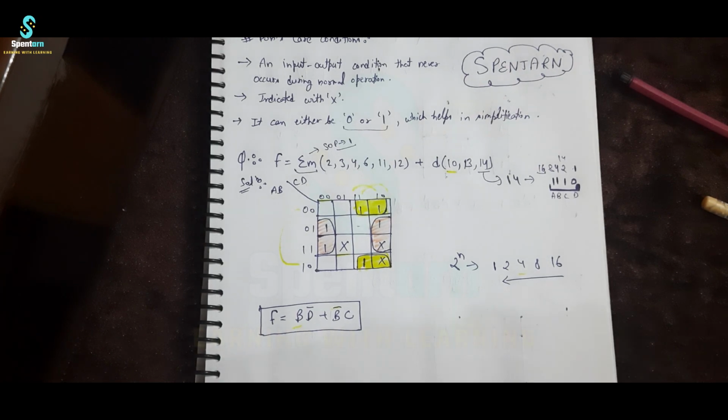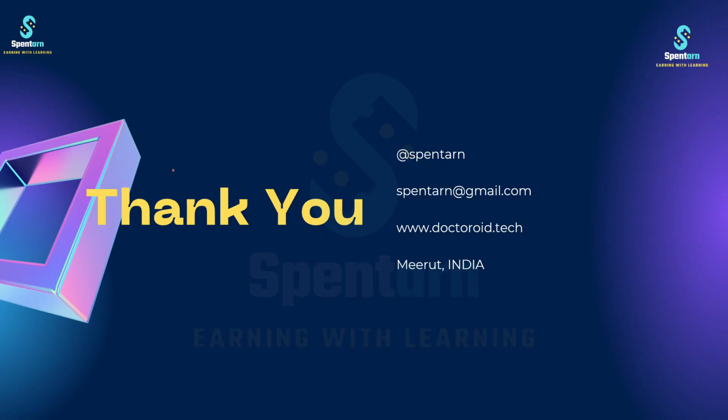So let's move to the slides. Thank you so much, guys, for joining this video. And I know this lecture is somehow very long, but this will clear your concept for the further videos which we'll be going to discuss. For example, if we'll be doing the combinational circuit, there also the use of K-map. If we will be using the sequential circuit, there also we will be using the K-map.